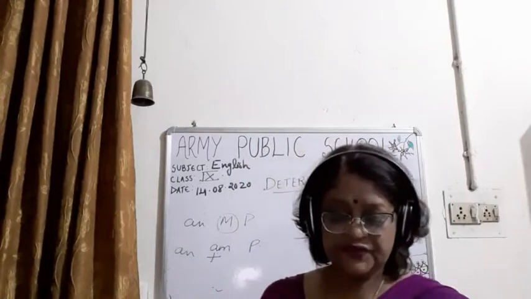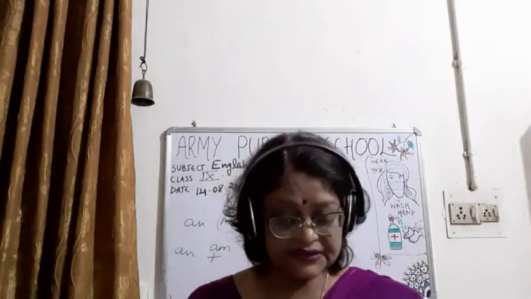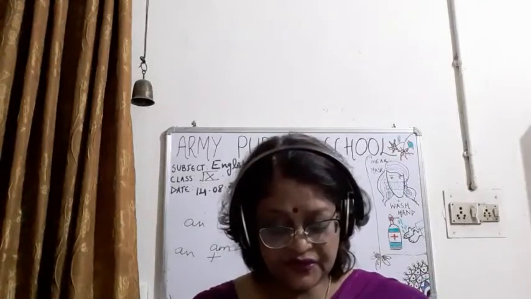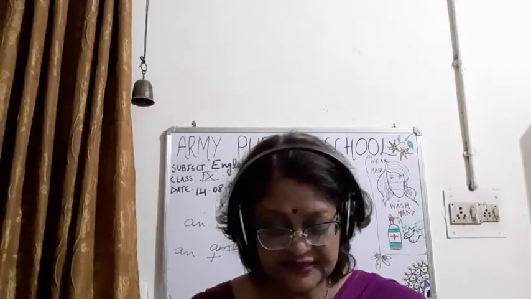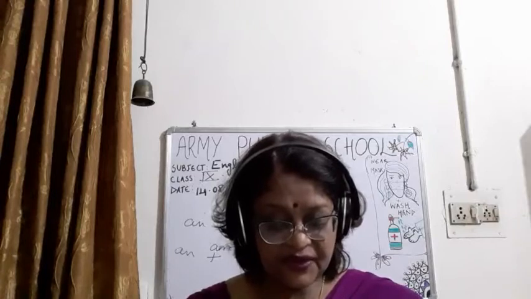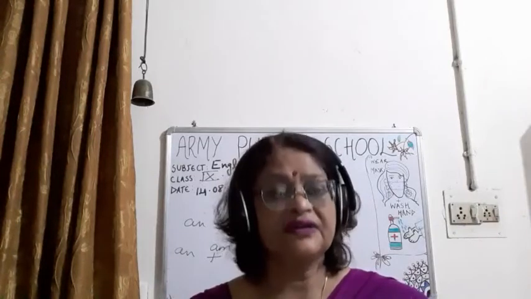Okay, so these are some of the examples, and now you can see children, we use the indefinite article before certain nouns considered as a single unit, like she bought a knife and a fork. So this is considered as a singular unit.